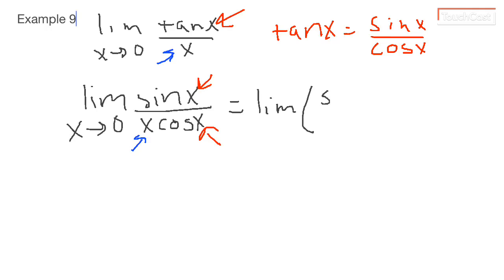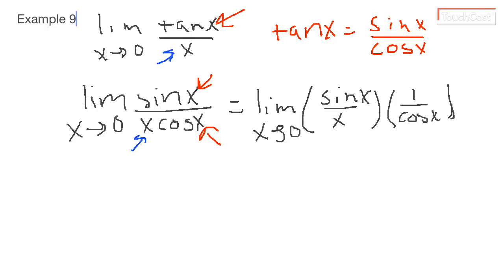We can have the sine of x over x, and then we can also have 1 over the cosine of x as x goes to 0. I know that's like magic, but if we actually multiplied sine x over x by 1 over cosine x, we get our sine x over x cosine x back. Now we can break this up and do two separate limits.